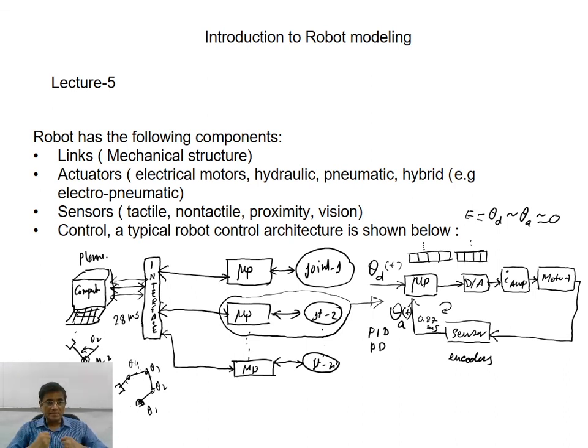So it has a mechanical structure, it has a mover which is moving, called the actuator, and it has sensors with which it is seeing the environment and interacting with the environment. Also, internally it is keeping a balance between the commanded signal and the internally generated signal through internal sensors like encoders.